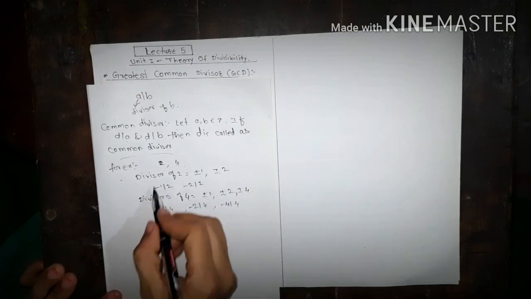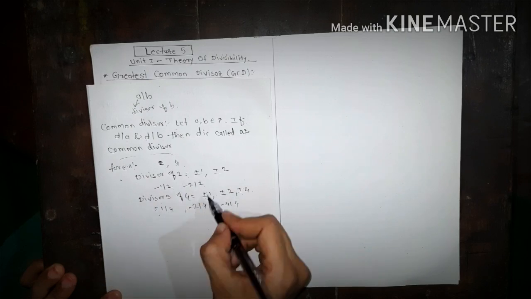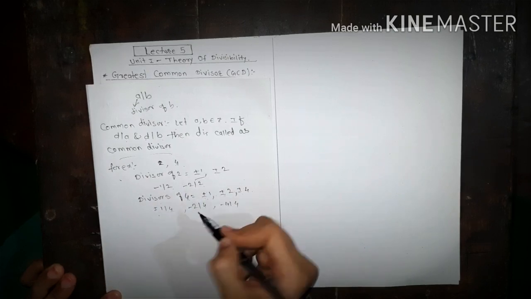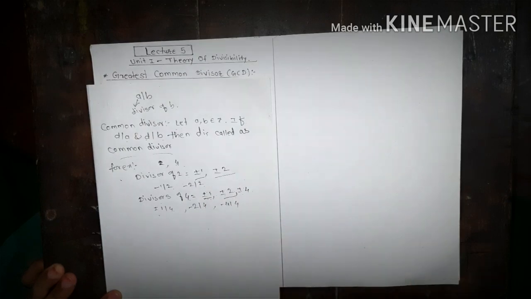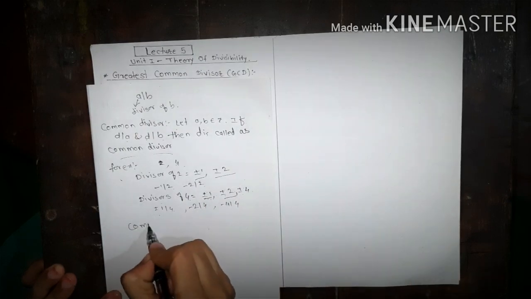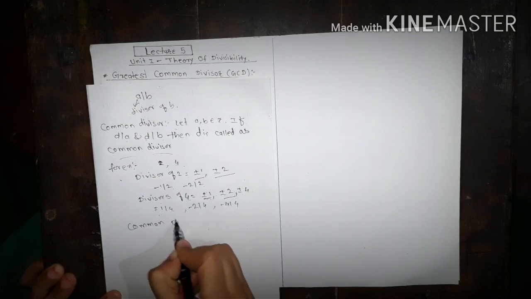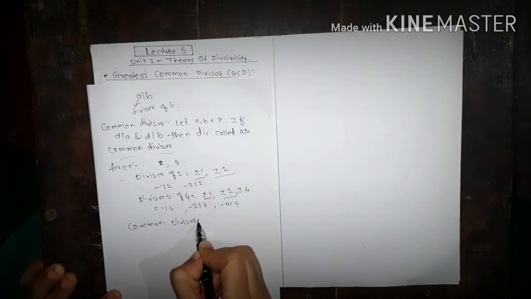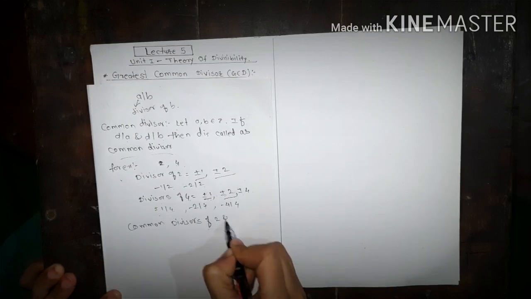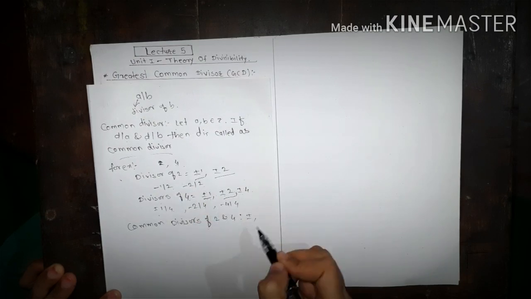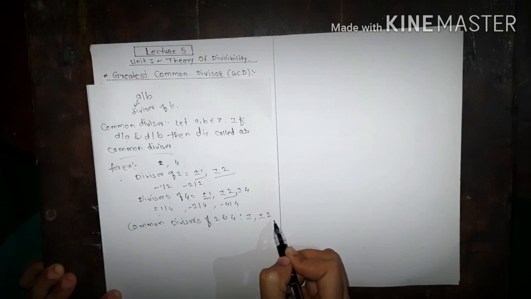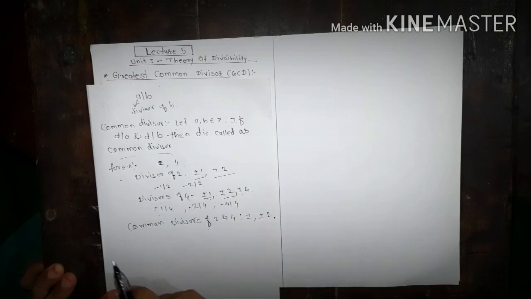Now what are the common divisors? Plus minus 1 are common, plus minus 2 are common. So the common divisors of 2 and 4 are plus minus 1 and plus minus 2.